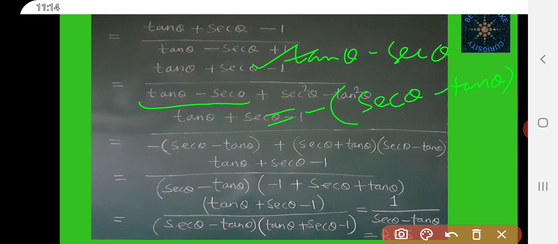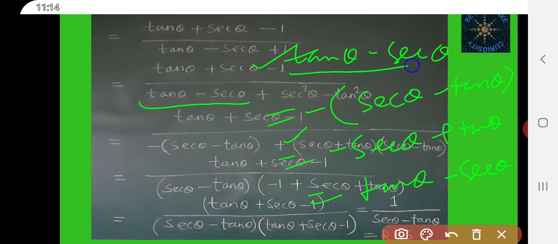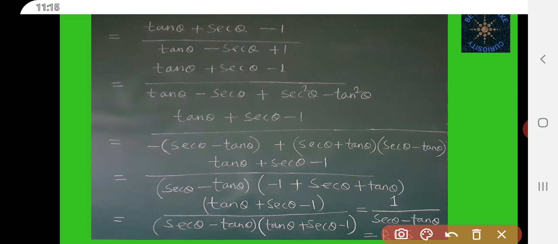This can be written like this, because if you open the bracket, you again get tan theta minus sec theta, and if you rearrange them, you get the same thing again.